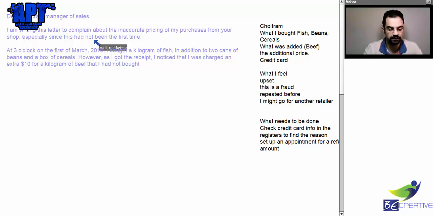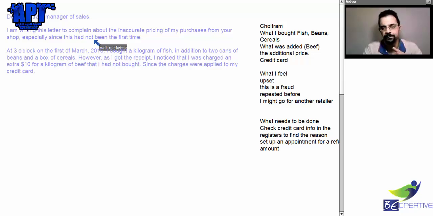Since the charges were applied to my credit card, there was an extra interest of 10%. Who knows?